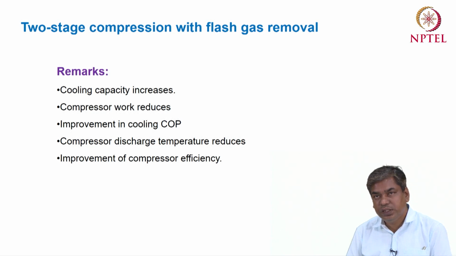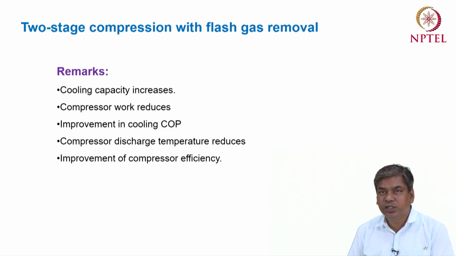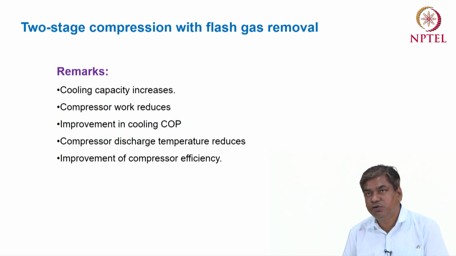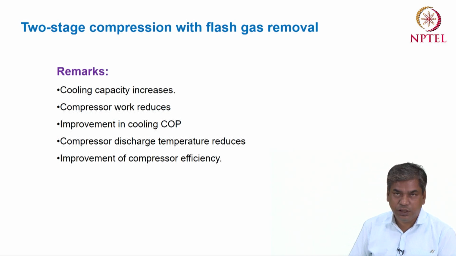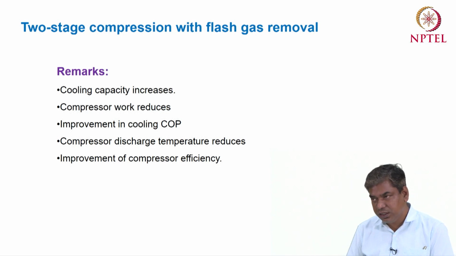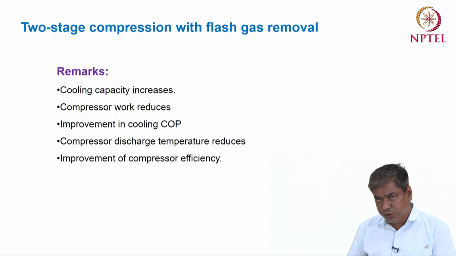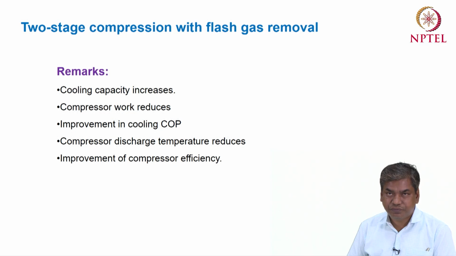Due to the increase of cooling capacity and the decrease of compressor work, the COP of the system will increase. So the COP will increase by using the two-stage compression with flash gas removal, although the improvement values may be different for different refrigerants.